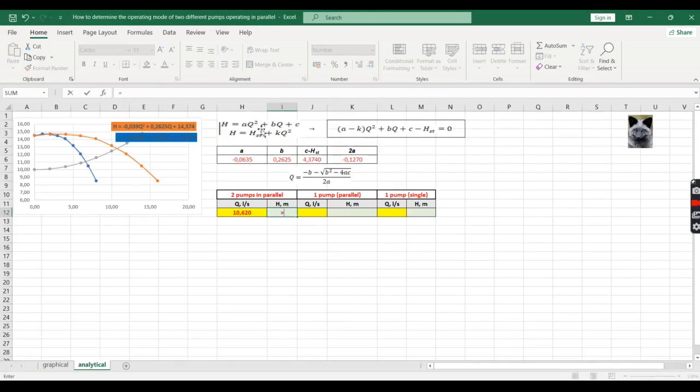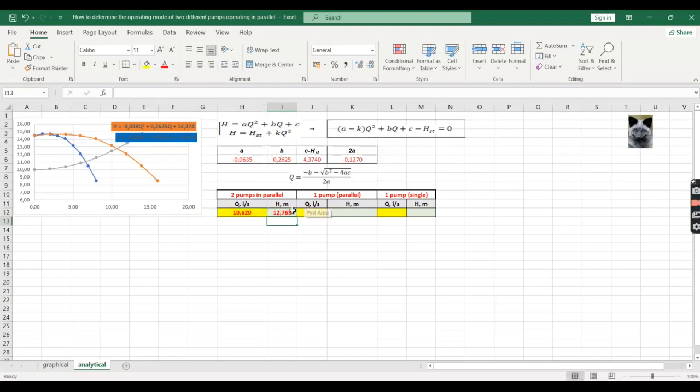So for this aim, just use the first equation, where the head will be equal to minus 0.039 multiplied with the flow rate put at second degree, then plus 0.2625 multiplied with the same flow rate, and then plus 14.374.